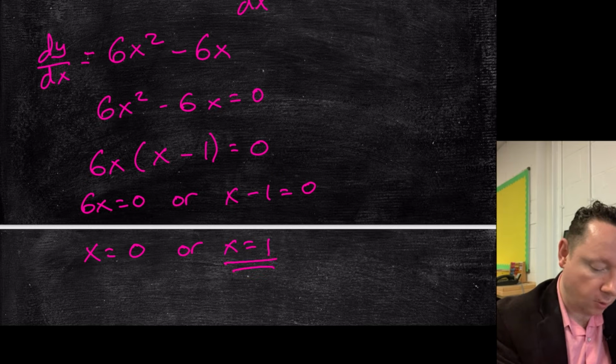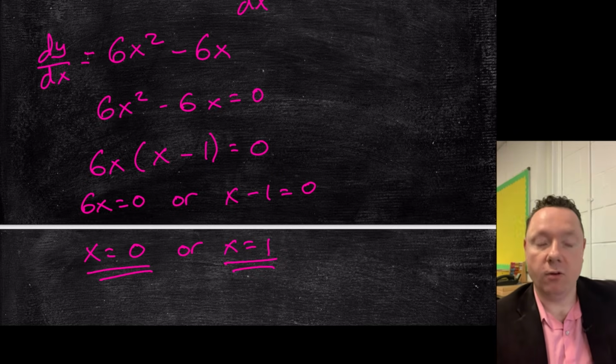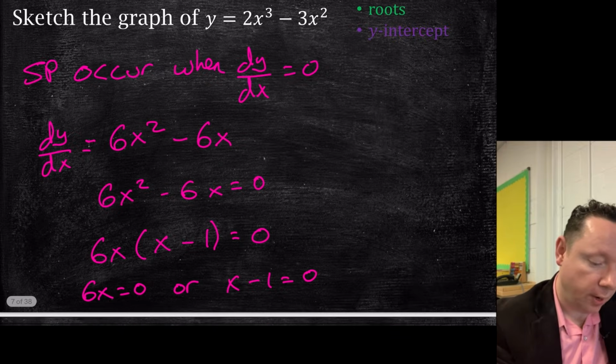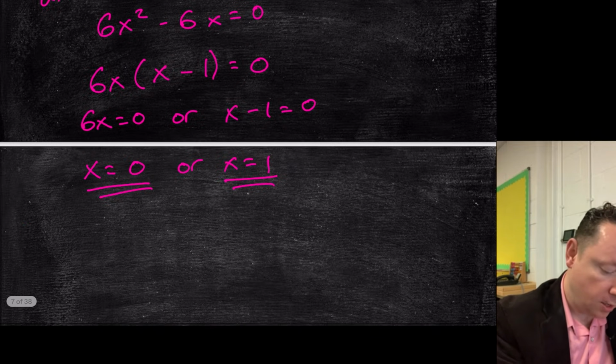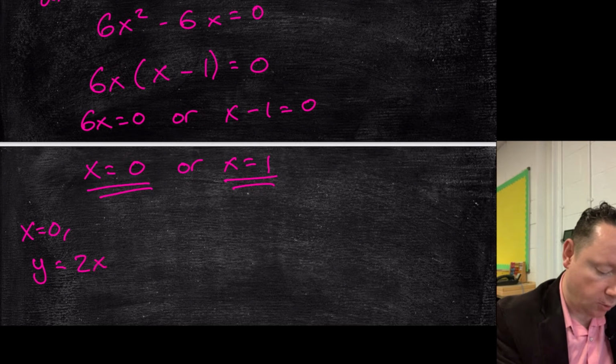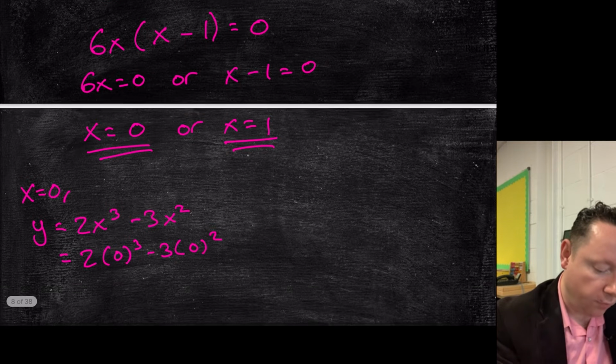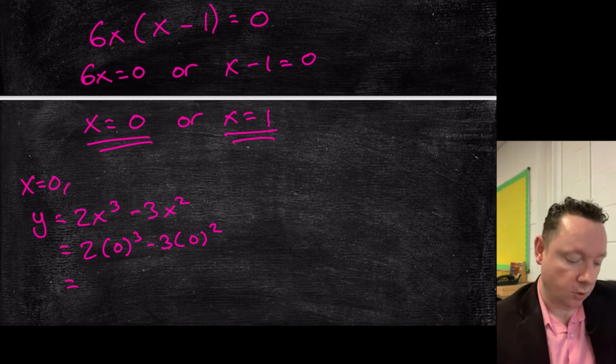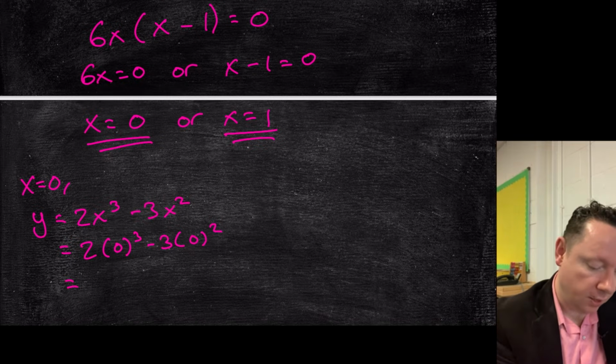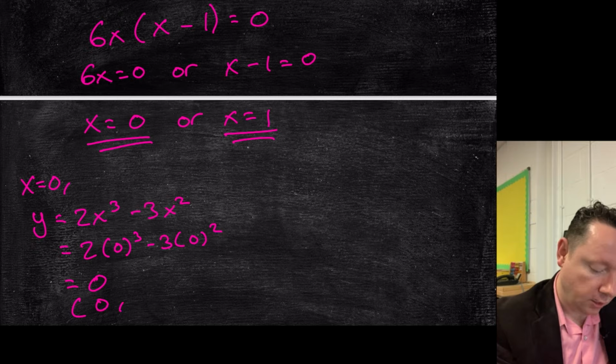So we've now got our stationary points, our x values, but we need a y value for a point. So remember, y was 2x cubed minus 3x squared. So when x equals 0, y equals 2 times 0 cubed minus 3 times 0 squared. Should be obvious to see that that is just 0. 2 nothings is nothing, minus 3 nothings is nothing. So we get a point 0, 0.